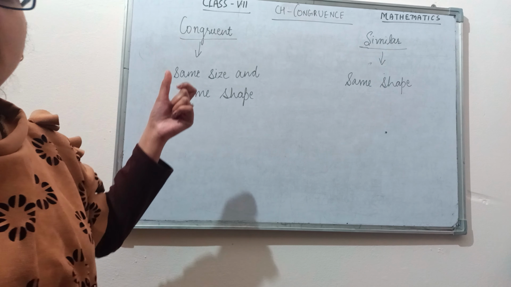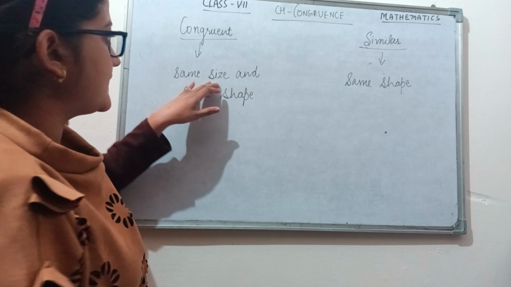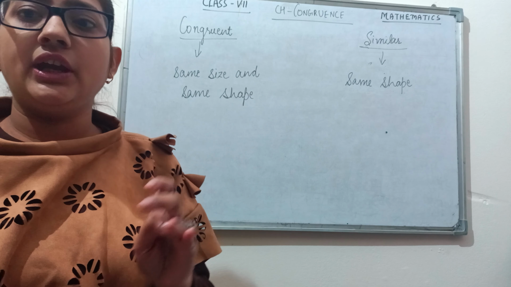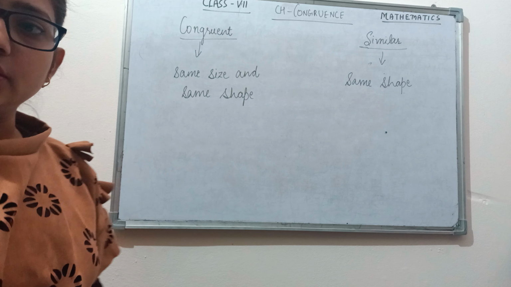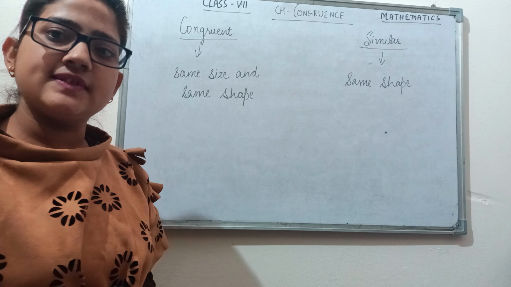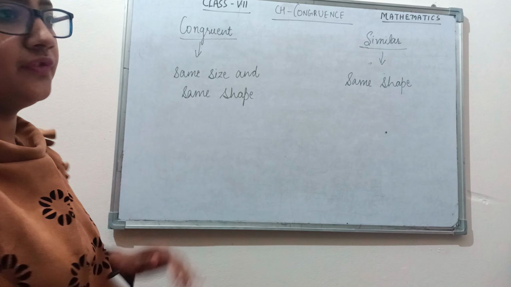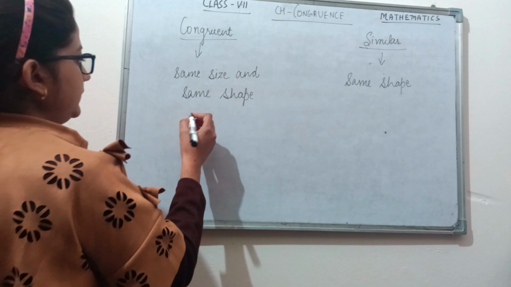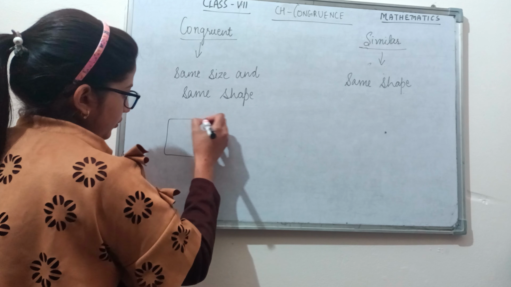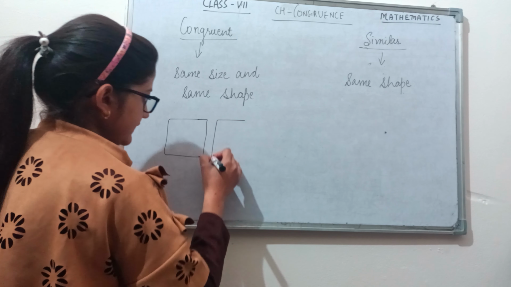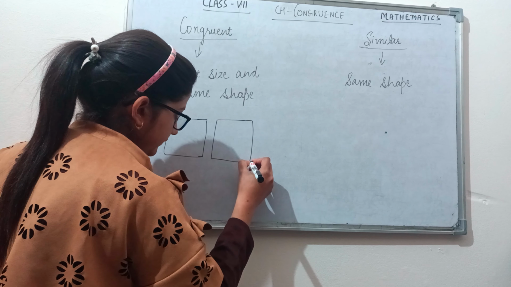Congruent figures are those figures which have the same size and same shape. For example, this is a square and this is again a square.